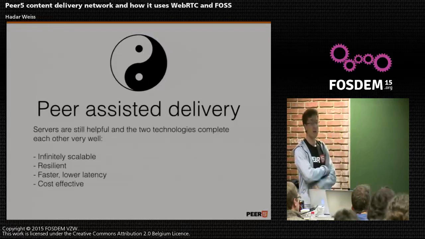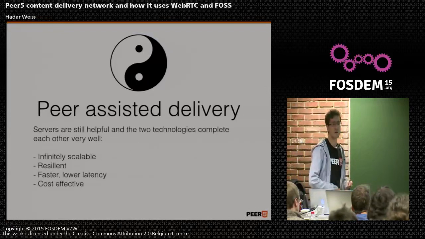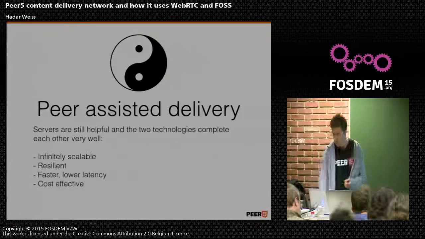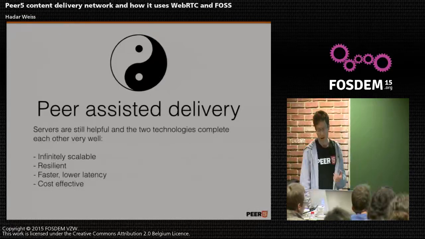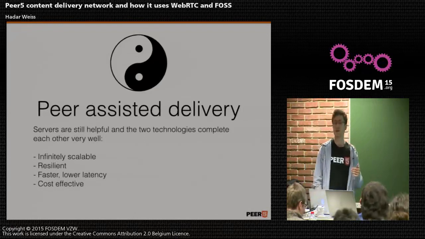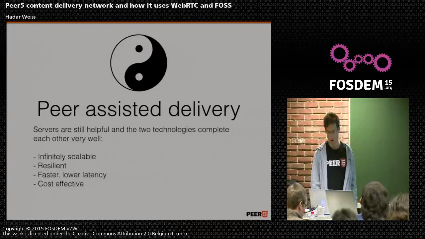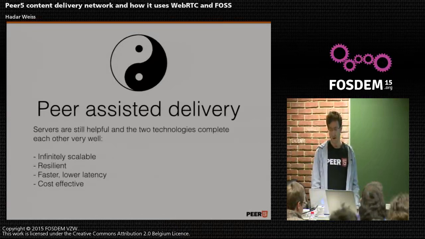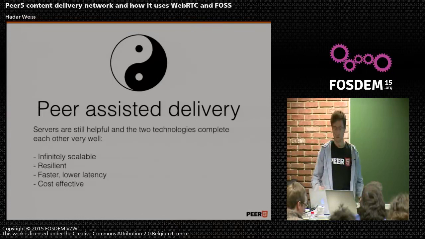It is faster and lower latency. Now, as a user of this network, I can get content from closer sources. The latency compared to the server is lower, and it's cheaper. It's cost effective to build something that is based on us, the users, compared to pouring more and more resources on the server side.